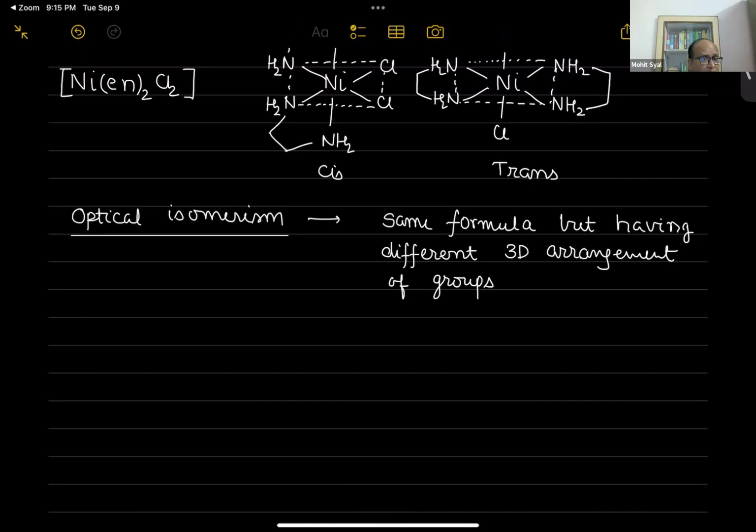And when you try to put them in the polarimeter, just a second. Polarimeter is an instrument which is used to check whether a compound is optically active or not. Let me show you one very important thing, how the polarimeter works.